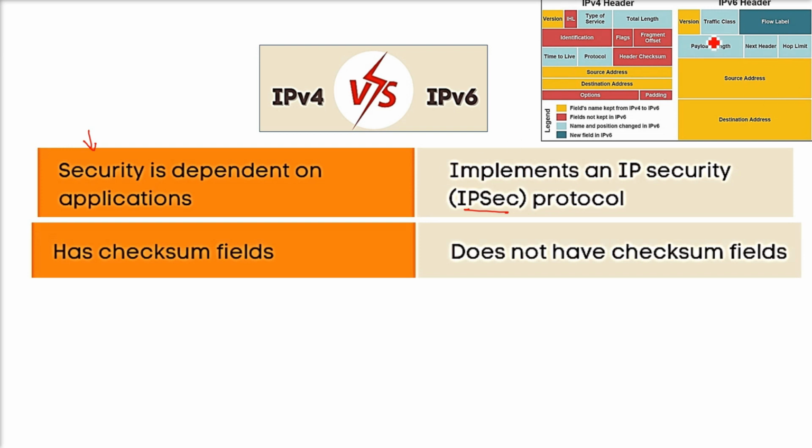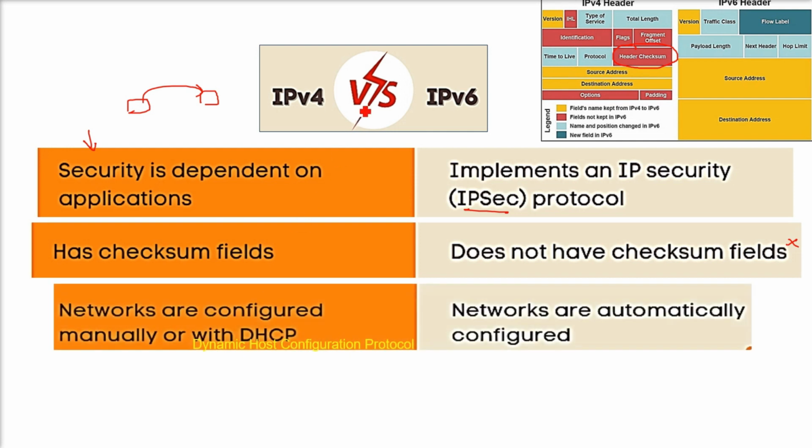If you see the header very closely, IPv4 has a checksum field. Checksum means checking whether some error is there or not in the bits when they are received at the destination. IPv6 does not have any checksum field. That is, you are sending certain bits, and whether these bits are received properly or not, that is checksum.